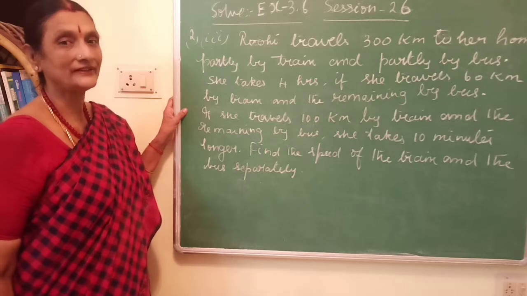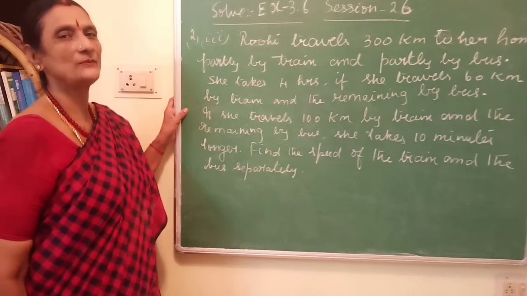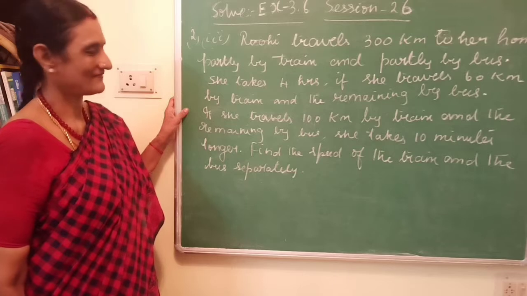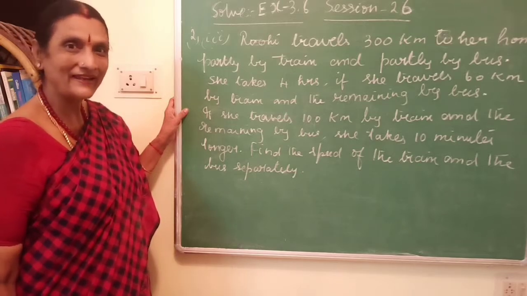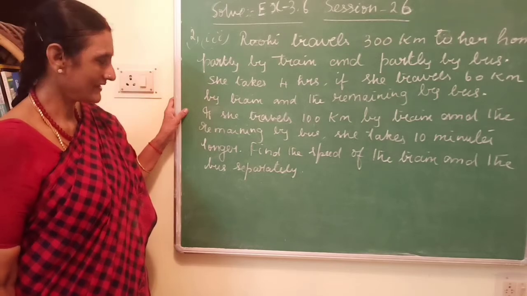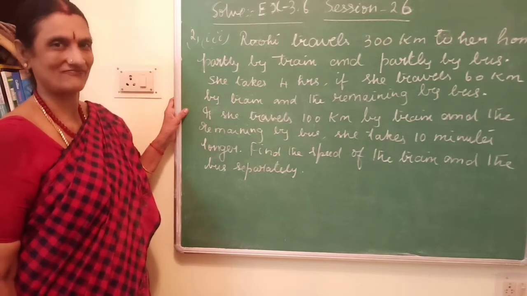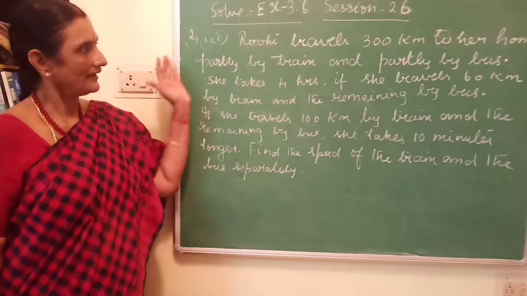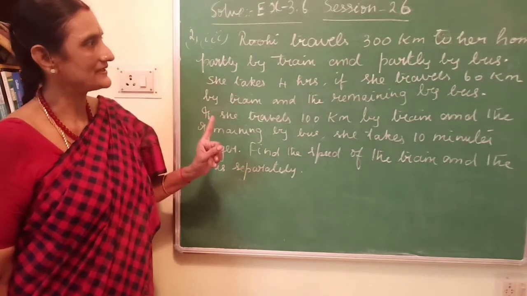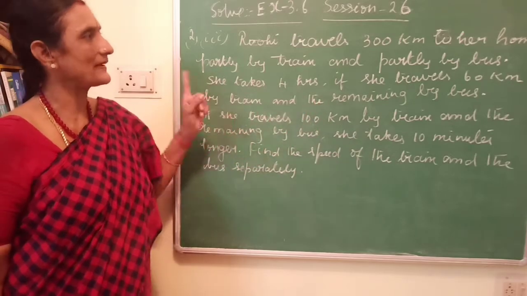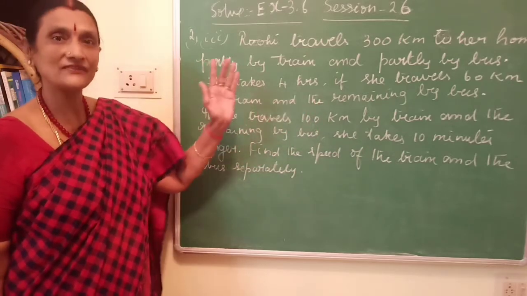Now can you tell me what is going to be your x and y first? Yes, it is the speed of the train and also the speed of the bus. Correct? Because the total distance is given. If she travels 60 kilometers by train, what is the rest of the distance?